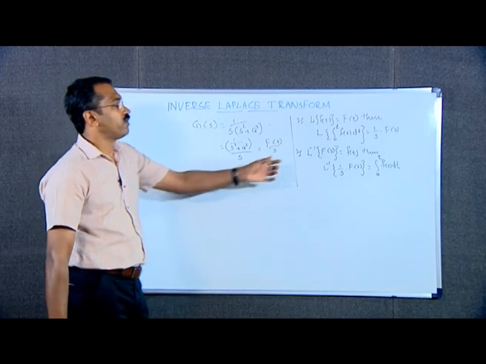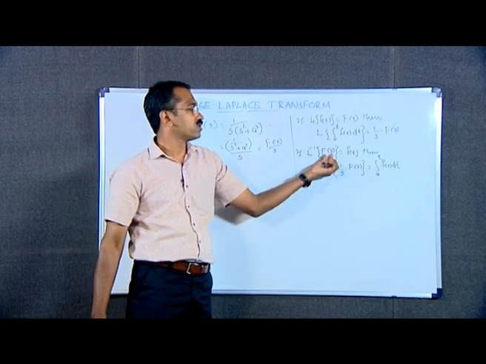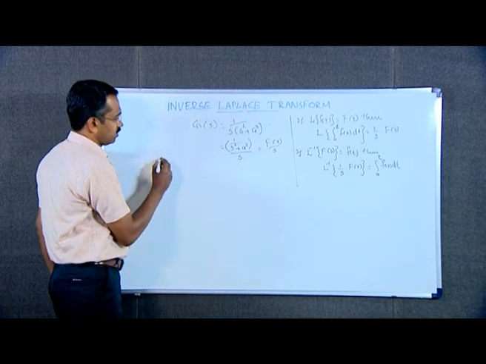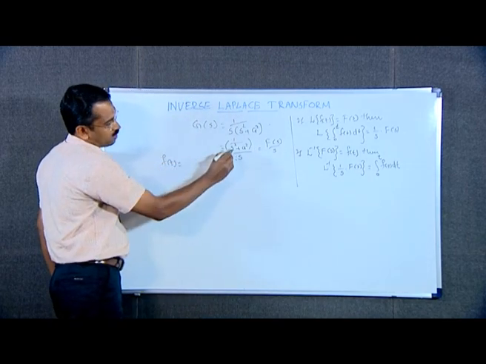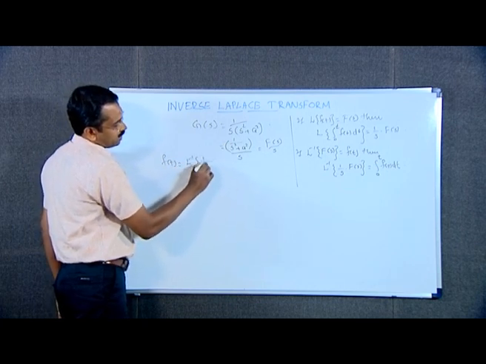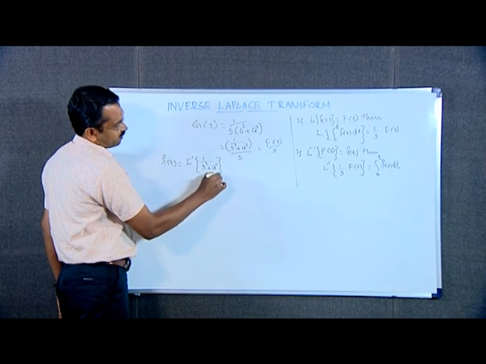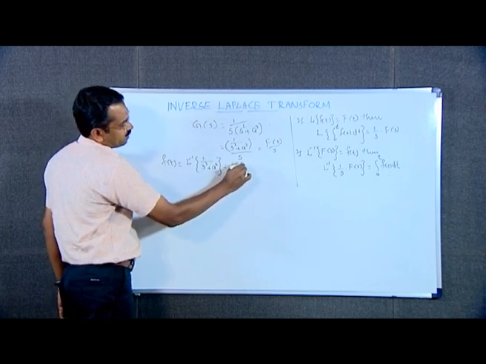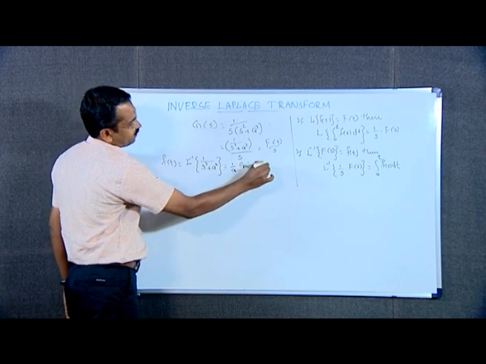First of all, we have to find f of t. F of t means the inverse Laplace transform of the numerator function. Here it is L inverse of 1 by s square plus a square, that is 1 by a sin a t.